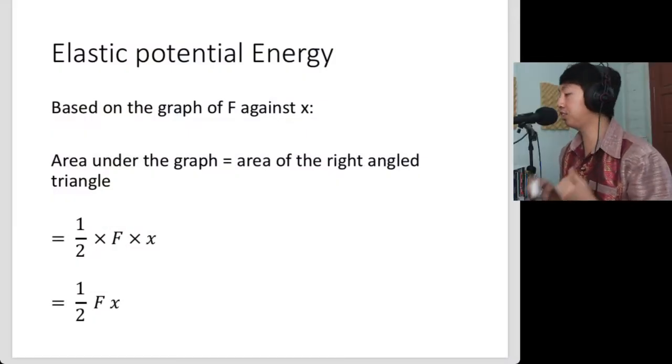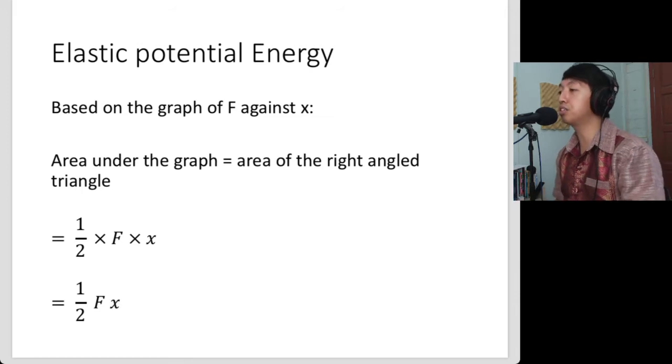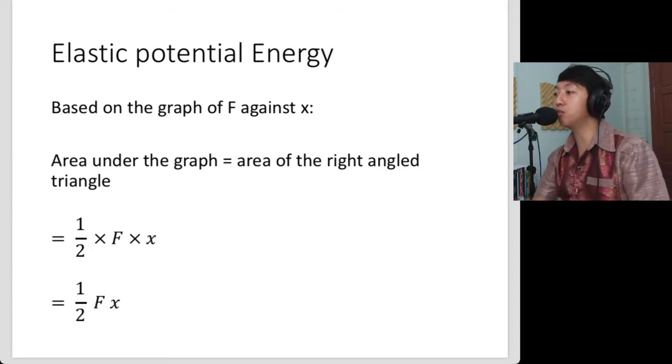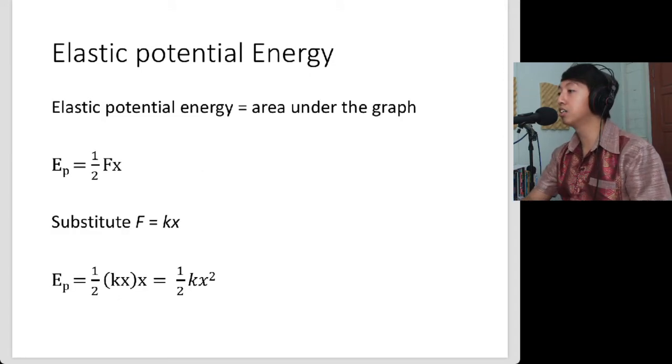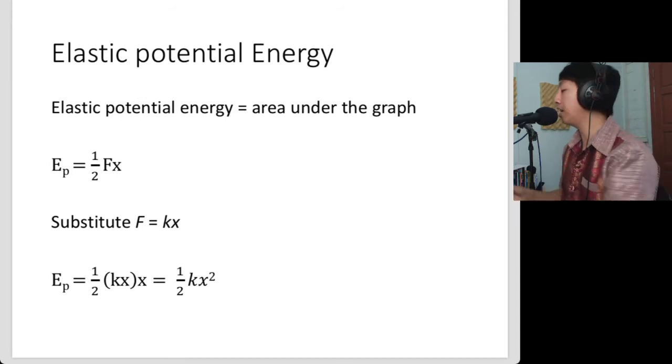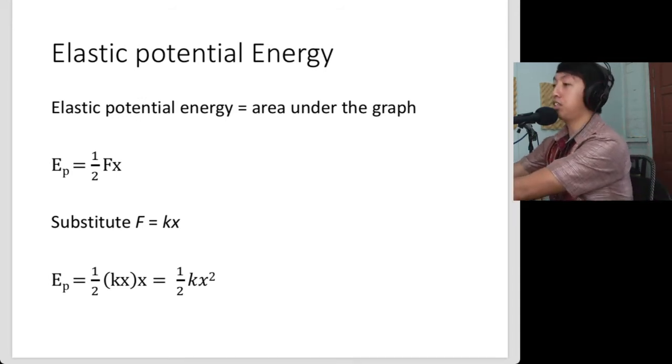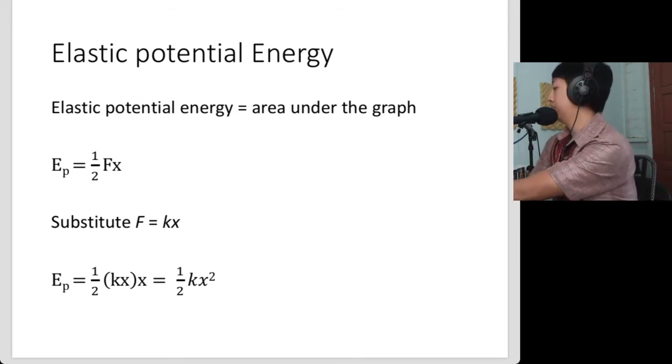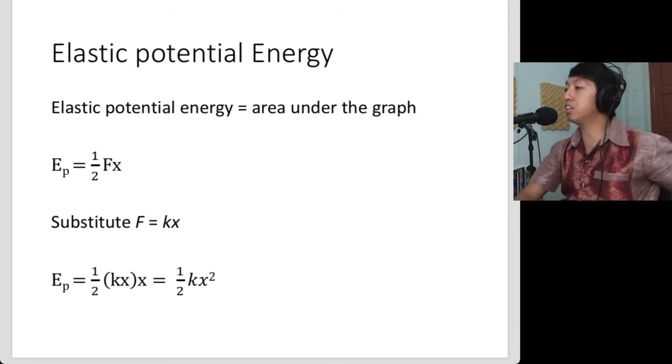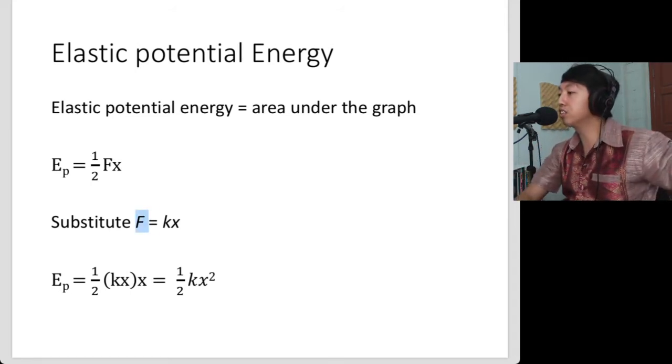Now, if you are in a situation where you do not know how much force is being used, kadang-kadang ada soalan di mana dia tidak bagi tahu pun itu force, then what we can do is we can use this formula instead, di mana kita substitute saja force dengan kx, because we just learned just now that the total force that is being outputted equals kx, spring constant times x.